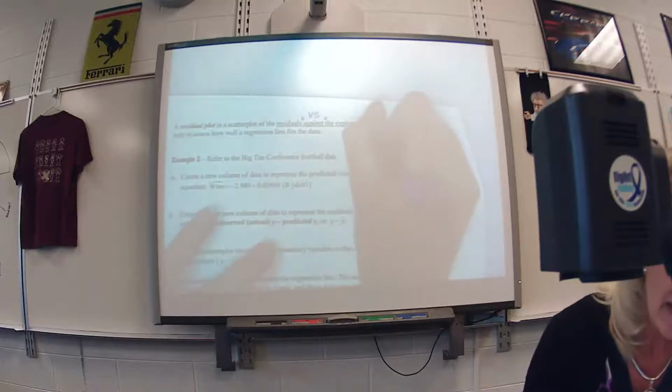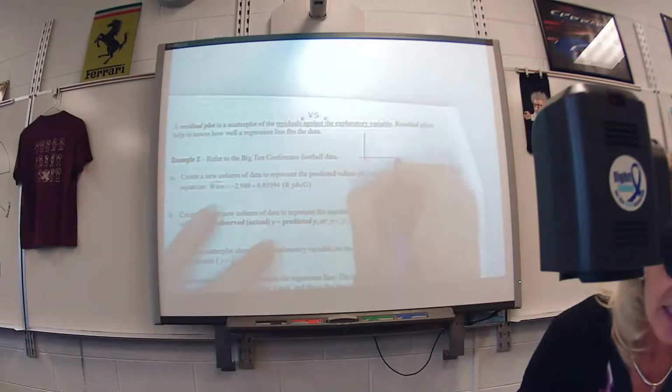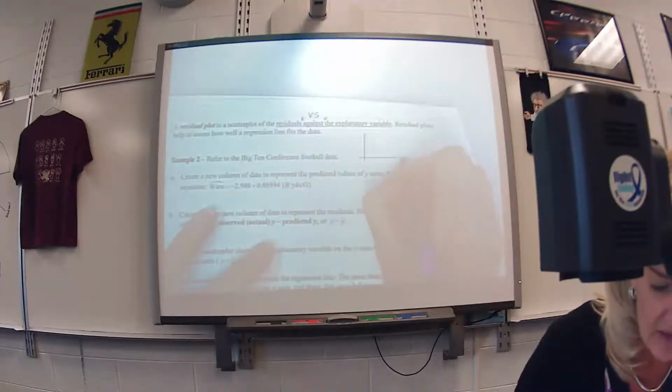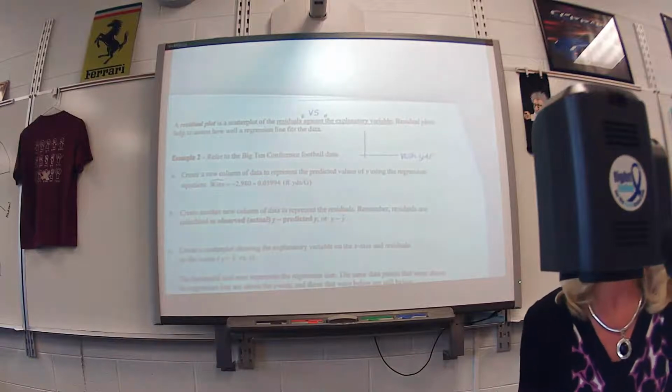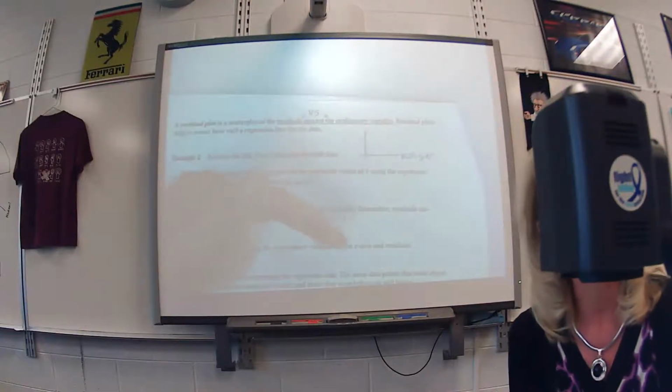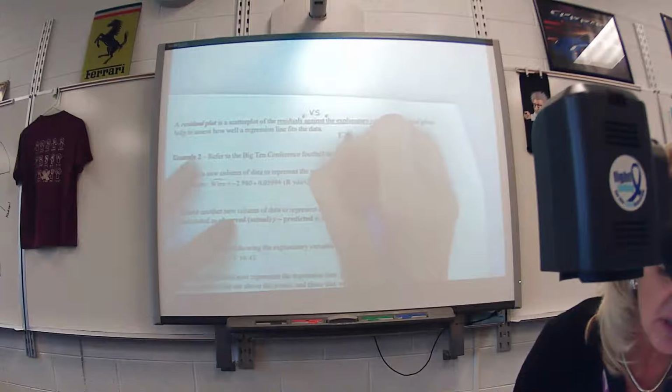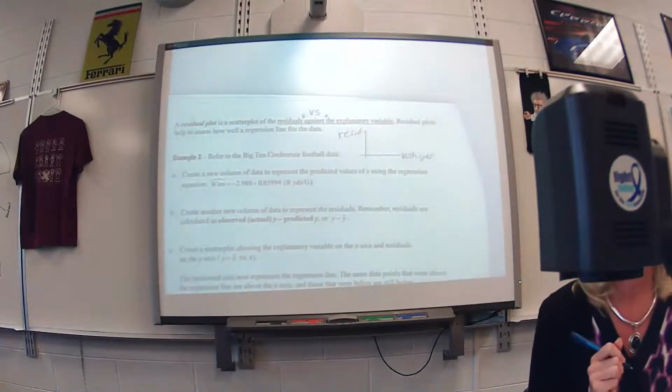So we're going to be making a graph that is still going to put rushing yards along the x-axis, because that's my explanatory variable. But instead of putting wins on the y-axis, I'm now going to put those residuals.